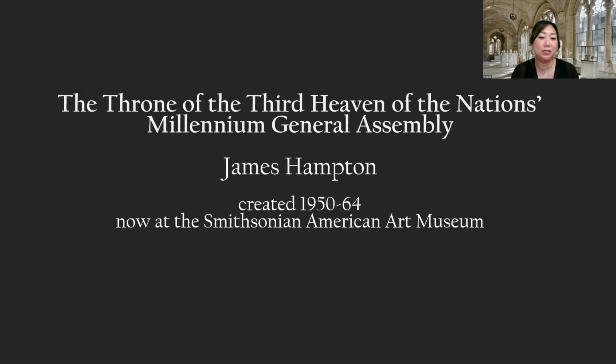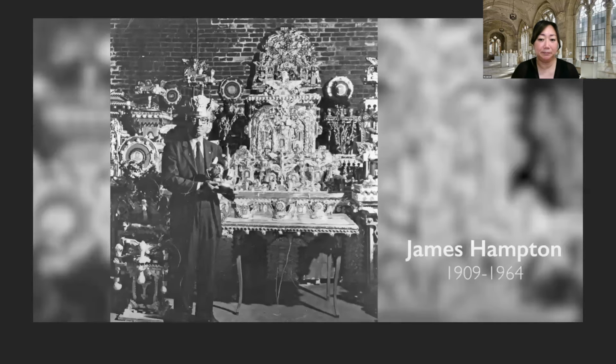But this is now housed in the Smithsonian American Art Museum. So James Hampton is a Black man living in DC at the time, and he created this throne room towards the end of his life. And he had rented a storage room in a warehouse and created a fantastic representation of the throne room, borrowing images from Revelation over the years, creating this.